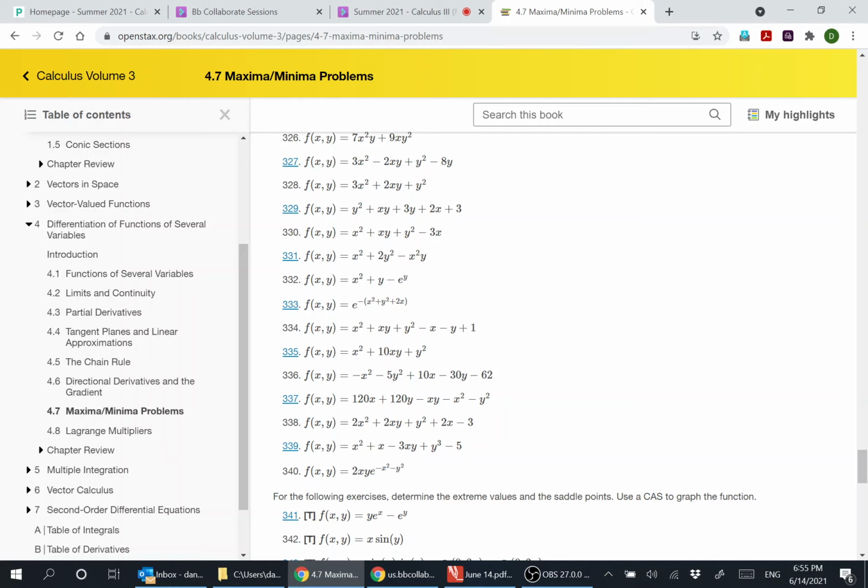I thought that was a squared. It's x squared plus y squared plus 2x. Well, still... Well, let's give that one a look. Let's take a look at 333.